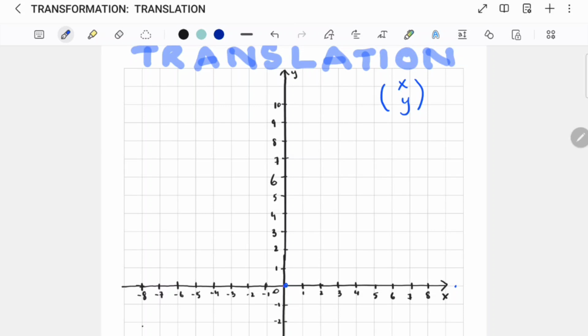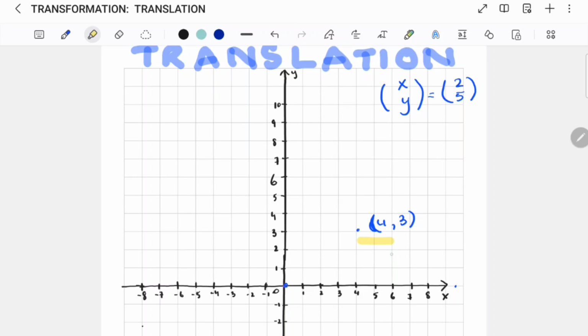Move a point. For example, I have a point, 4 and 3. If I have a coordinate and the translation vector is given, both positive, for example 2 and 5, then you are going to move 2 points towards the right, from 4 to 6.